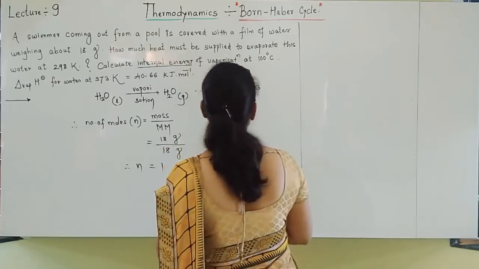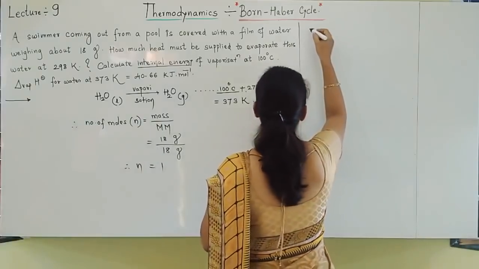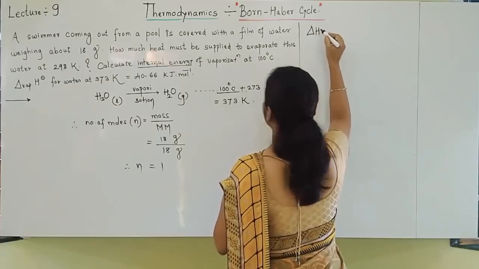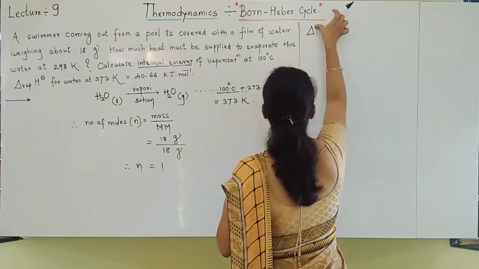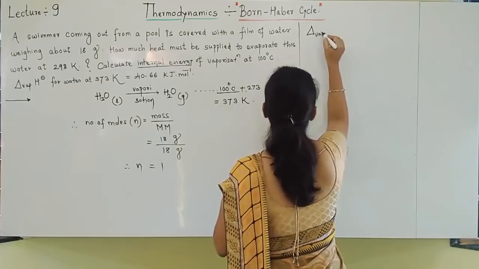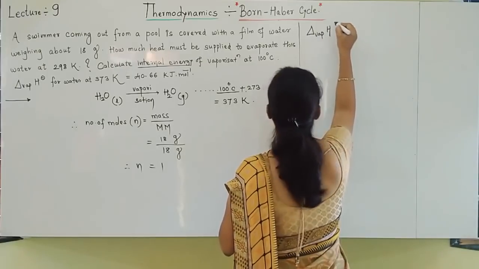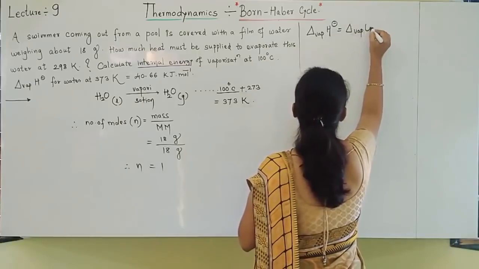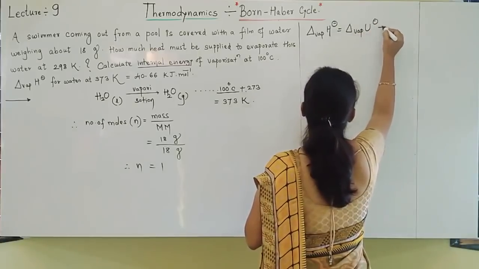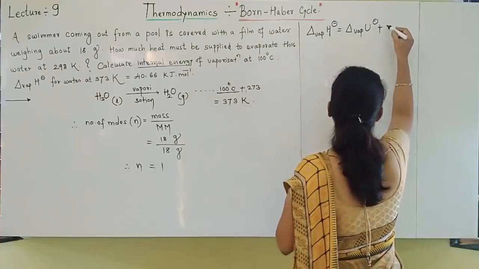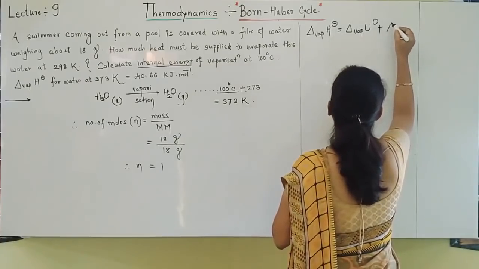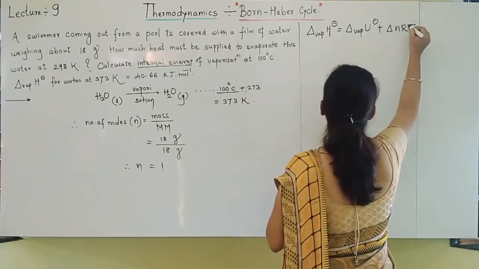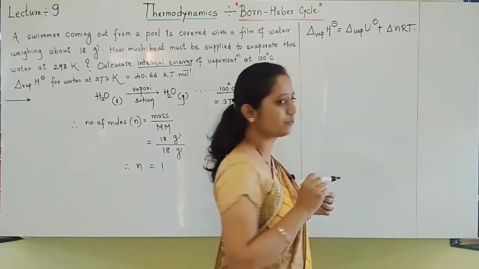Internal energy is represented by the symbol U. Such a formula is delta H for vaporization equals delta U plus nRT. I hope you remember this formula.